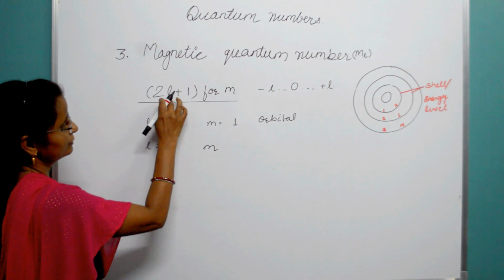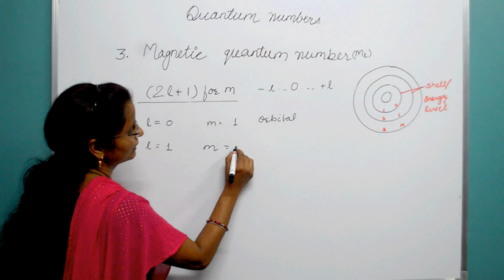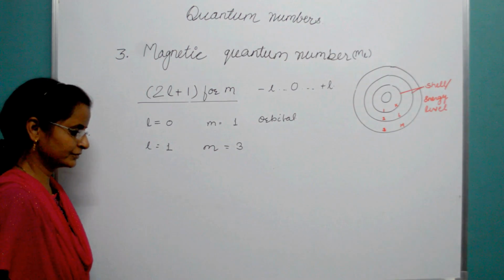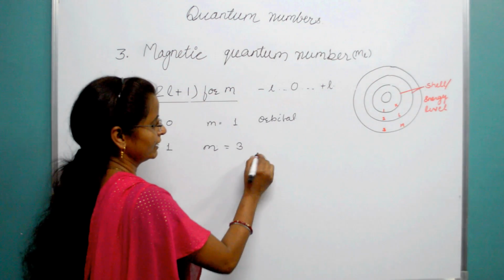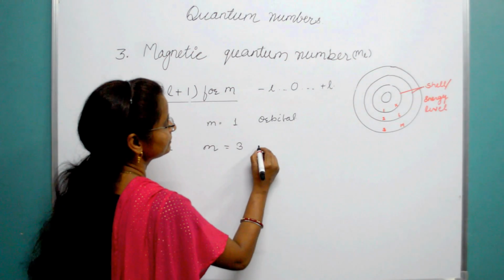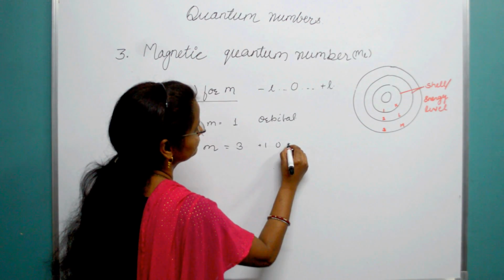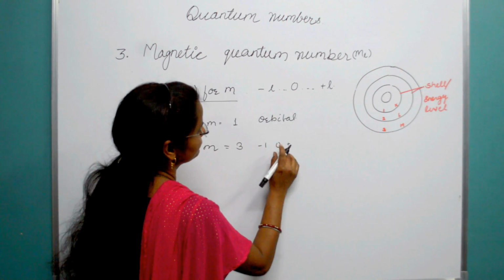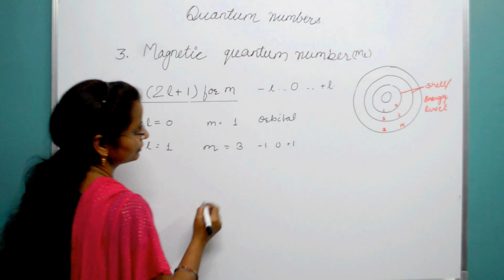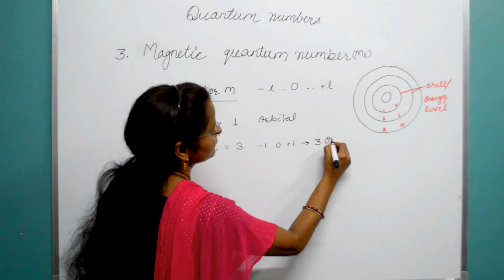Now if L is equal to 1, the number of m values is 2L plus 1, so 2 into 1 is 2, and 2 plus 1 is 3. So 3 orbitals are present, with values plus 1, 0 and minus 1.